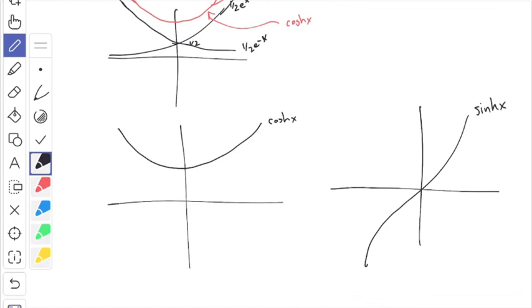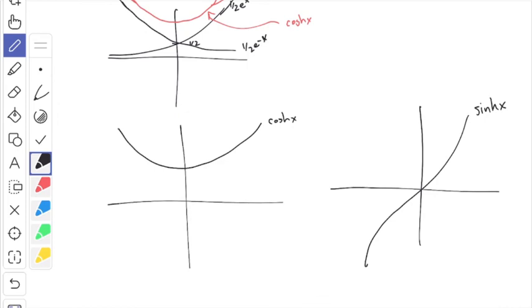It looks maybe vaguely like the graph of x cubed, but it's not the same. It also looks vaguely like tangent, but it doesn't have asymptotes. It looks like the middle piece of the tangent, but the tangent has vertical asymptotes. This one doesn't. It goes on forever on either side, but it increases exponentially.